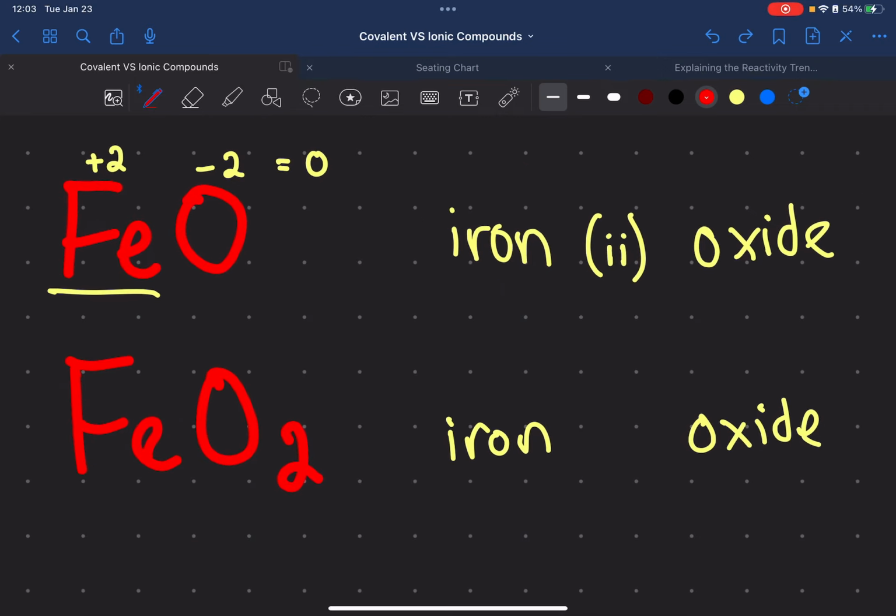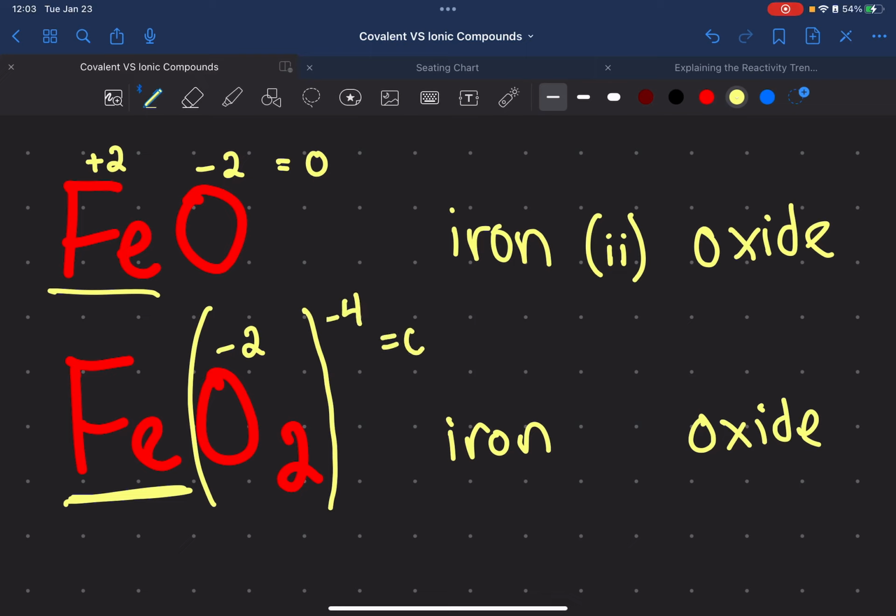All right, so then see if you can figure out what the charge is on this iron ion. So here we go. The oxide, once again, has a -2 charge, but this time we have 2 of them, so we've got one -2 charge and then another -2 charge. Those add up to -4.